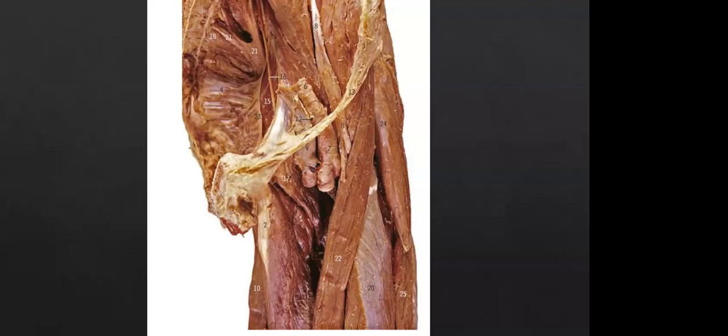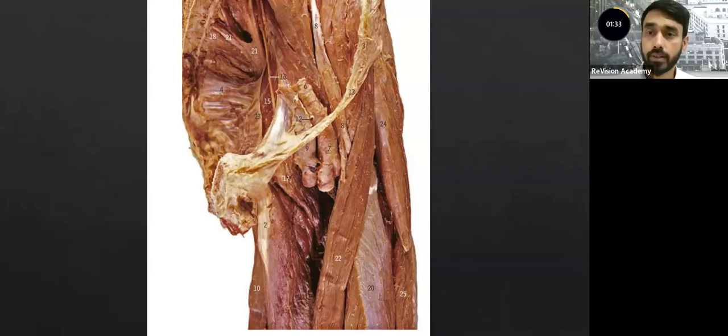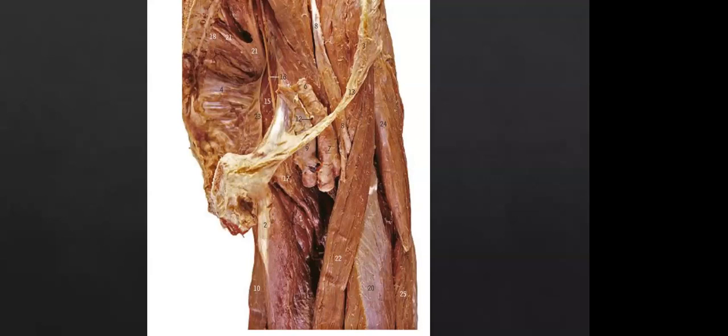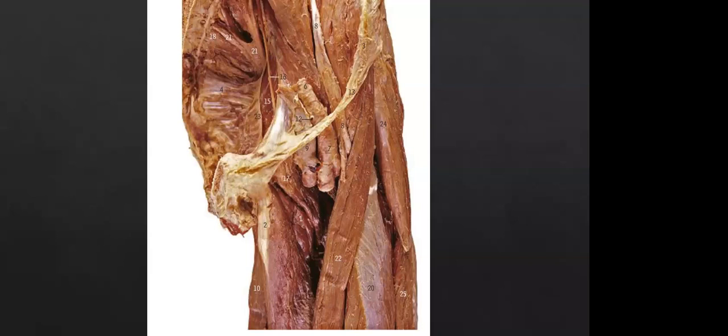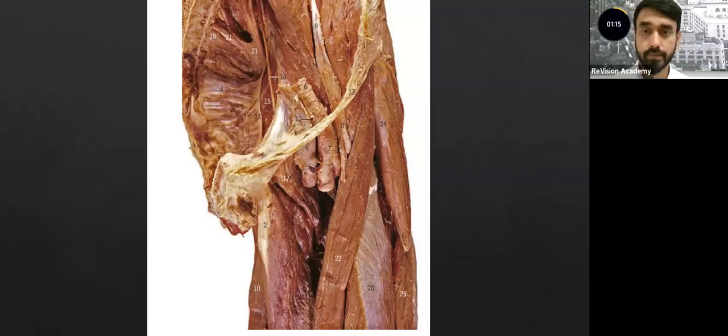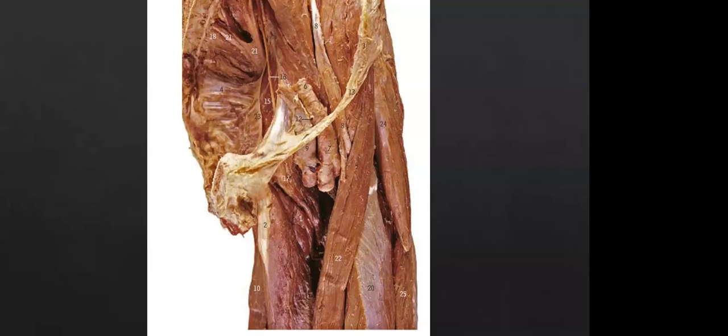I think superiorly it's, laterally. Can you tell me the contents of it? It passes the femoral artery and vein, and the saphenous nerve and saphenous vein. Anything else? I can't recall. Okay.